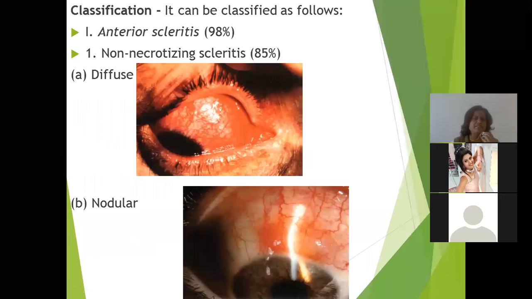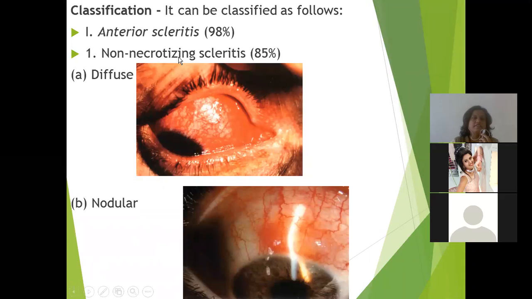It can be classified as follows. Firstly, anterior scleritis, 98%. In this there is non-necrotizing scleritis, diffuse scleritis and nodular scleritis, in which we see nodule formation with scleral inflammation.